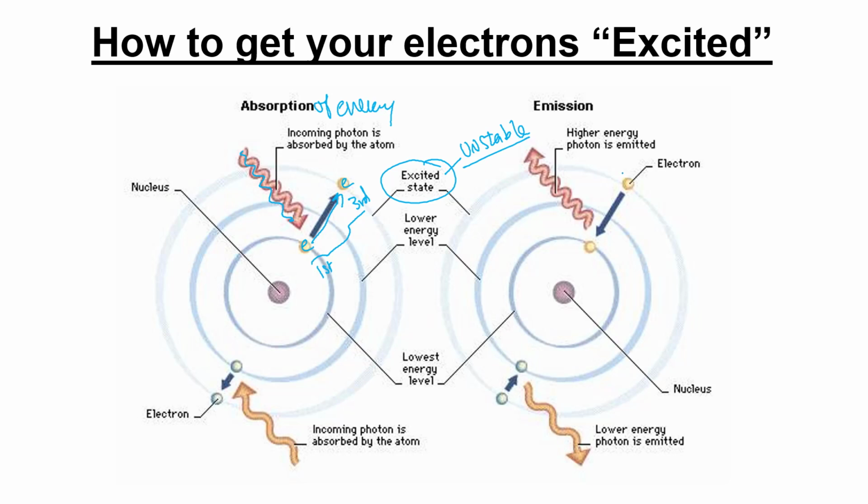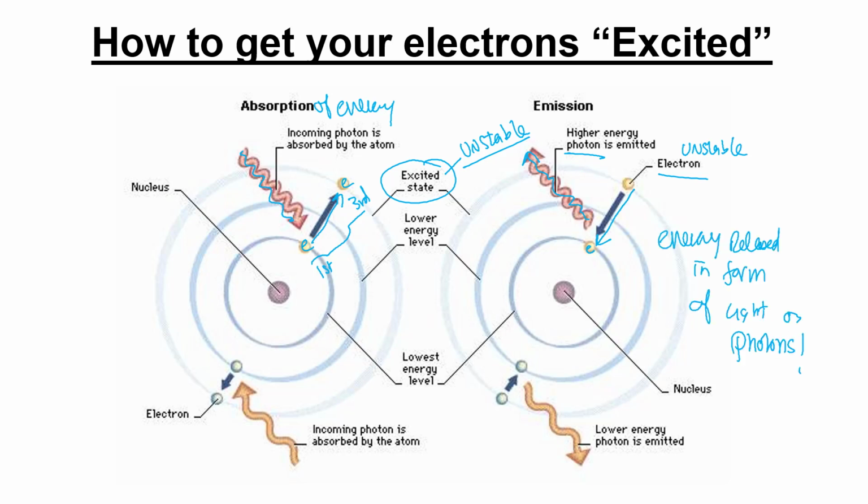Because it's unstable, this electron will then release the energy that it absorbed as it is returning to the ground state, which is here, its original energy level. This is the energy that it had absorbed that it is now releasing, and it is releasing energy in the form of a photon. The colors that we would see in the fireworks are the release of that energy as that electron is returning to the ground state.